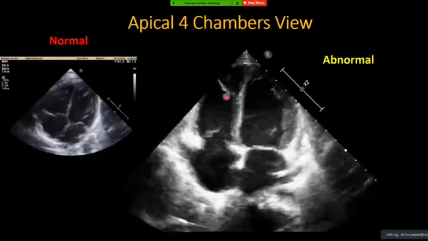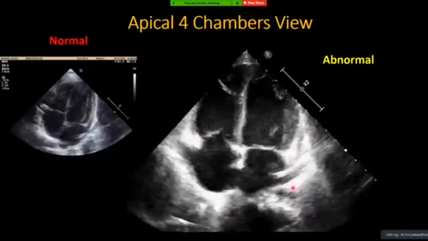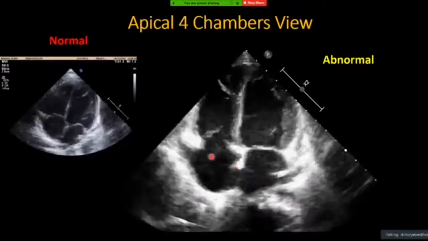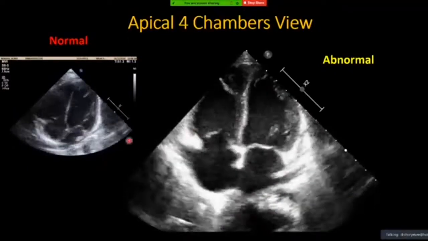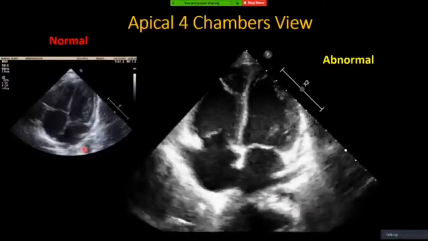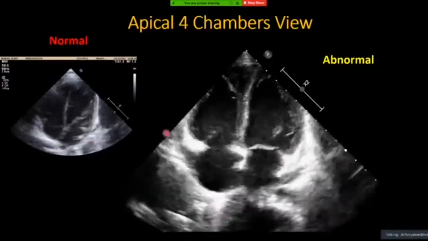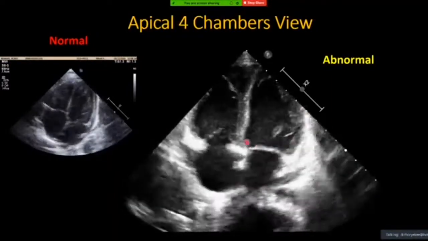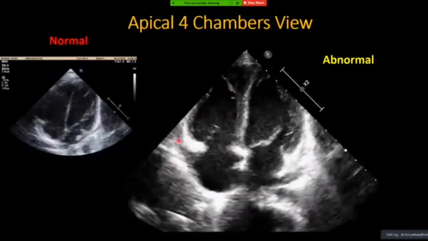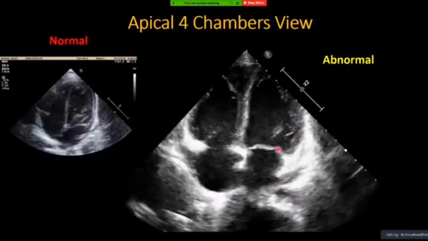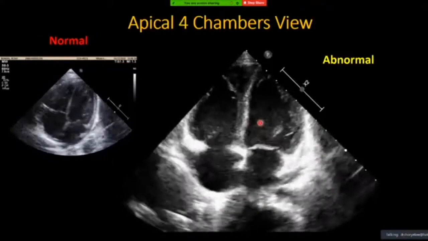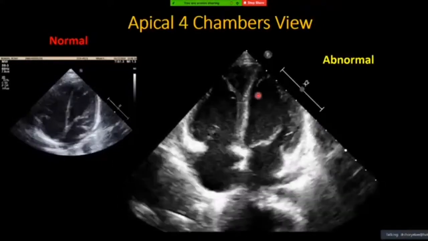For this one, the anomaly that you see is that the chamber size did not vary very much every time, despite systolic and diastolic. So which means that there's a lot of fluid in the heart, up to the extent that the heart cannot really empty very well. So all the chambers are big.